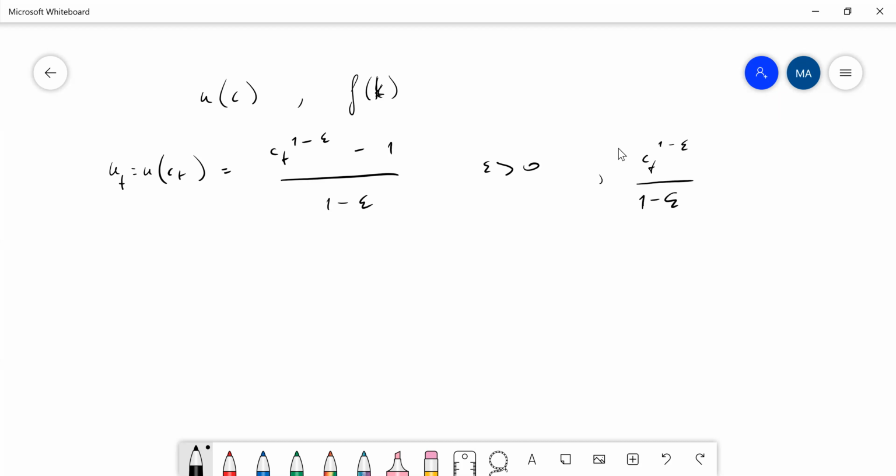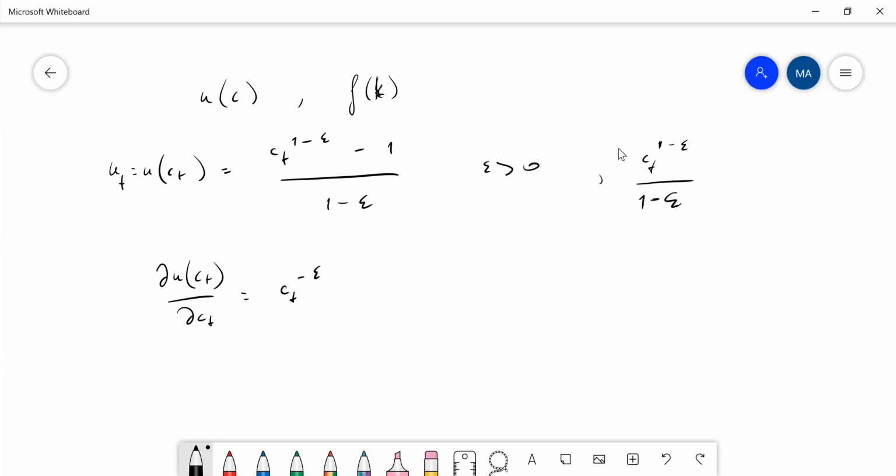It's basically about risk aversion, but it doesn't really make a big difference for our purposes here. If this is your utility function, the only part that changes is this. The first order derivative, the marginal utility, is now Ct to the minus epsilon.